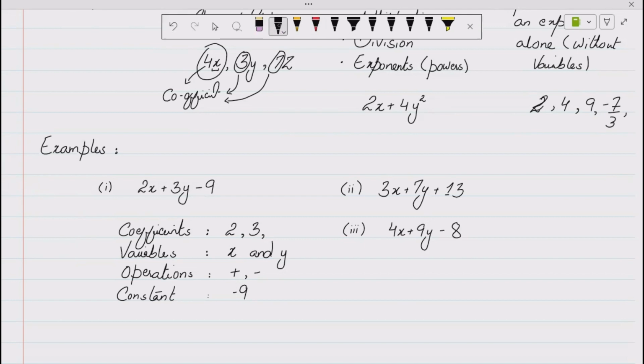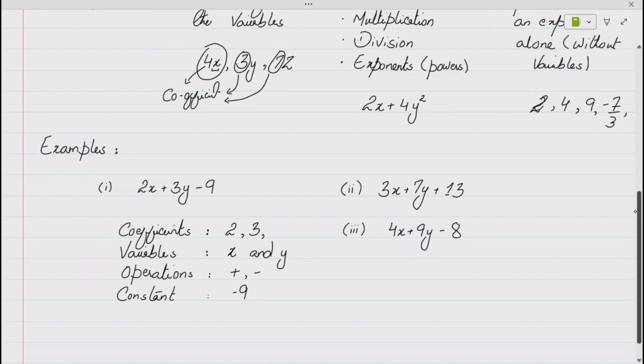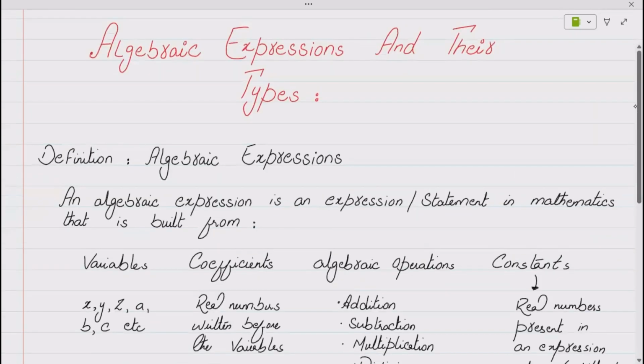So these are algebraic expressions. Okay, so now in summary, an algebraic expression is a mathematical statement that can be built from variables, coefficients, algebraic operations, and constants.